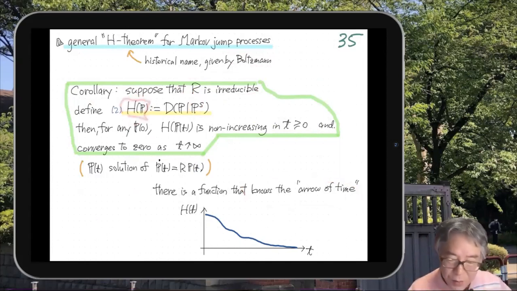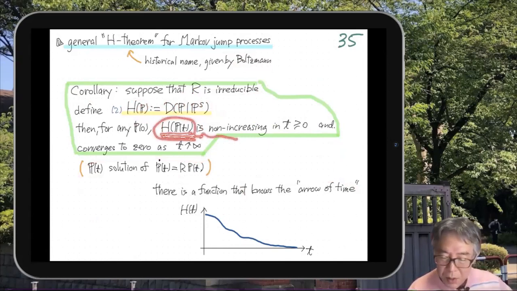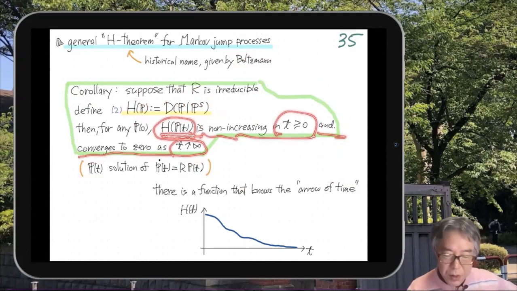So anyway, following Boltzmann, I define H(P) as this. Of course, Boltzmann didn't know this, but I define this. So this is a relative entropy, the Kullback-Leibler divergence between this probability distribution P and the stationary distribution PS. Then for any P0, H(Pt), where Pt is the solution of the master equation, is now a function of t, and this H(Pt) is a non-increasing function of t, and it converges to 0 as t goes to infinity.